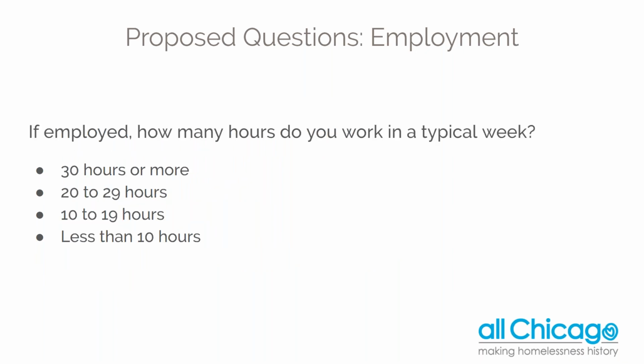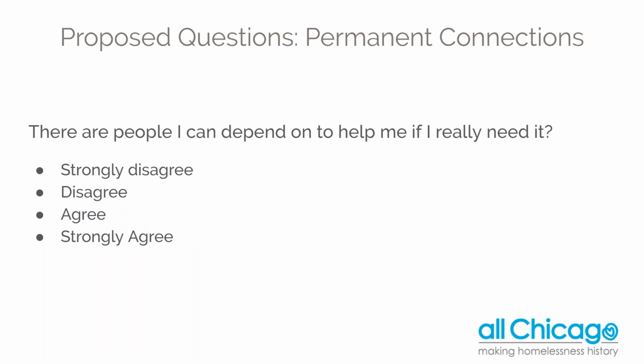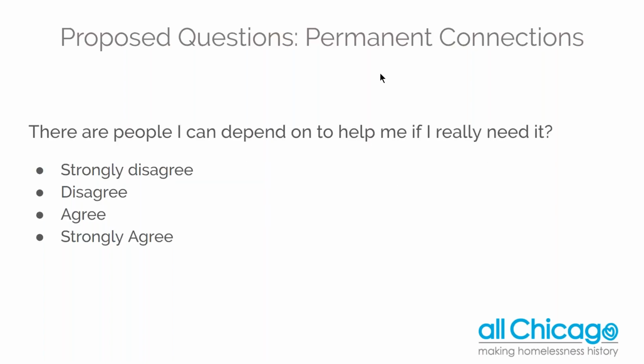Then we want to find out more about how many hours they're going to be working. And then for permanent connections, we have a question asking, there are people I can depend on to help me, and then it's just an agreement metric, whether they strongly disagree, disagree, agree, or strongly agree.